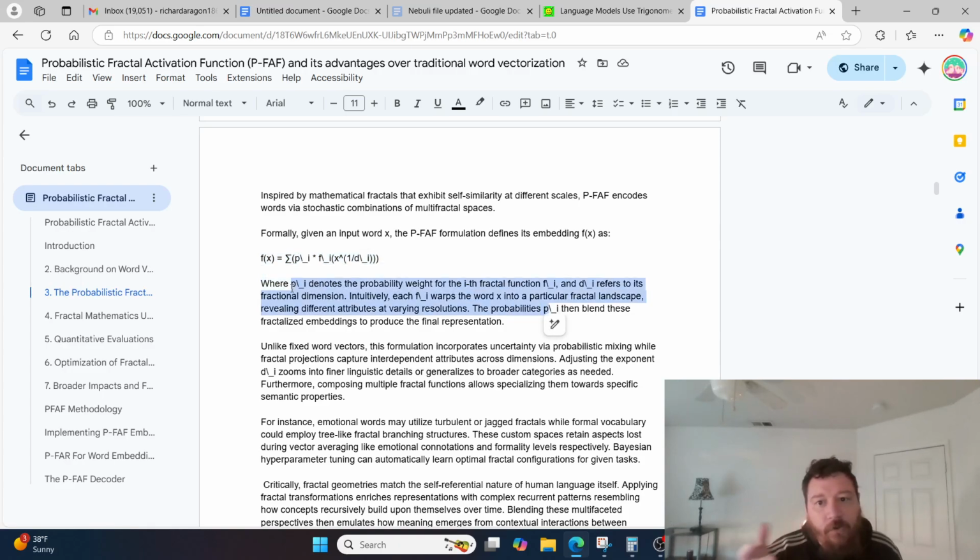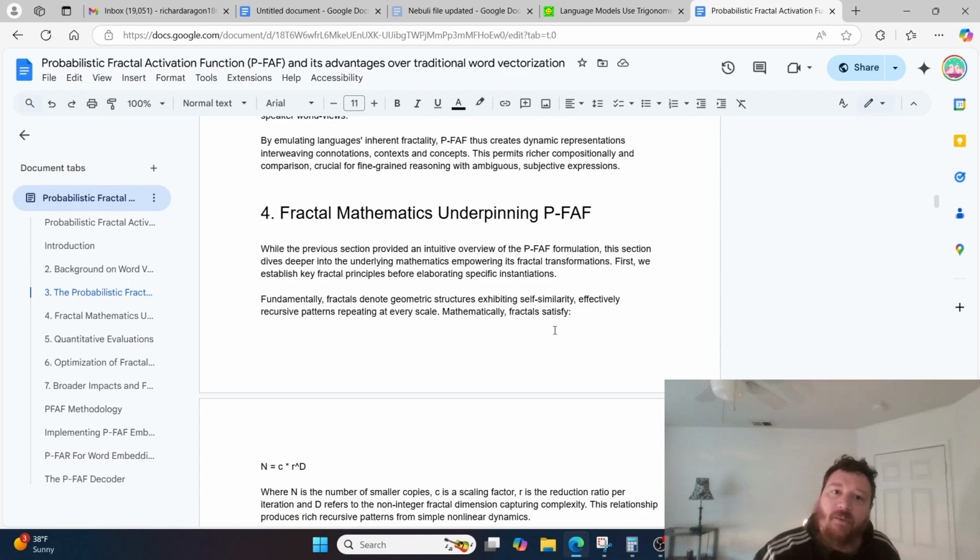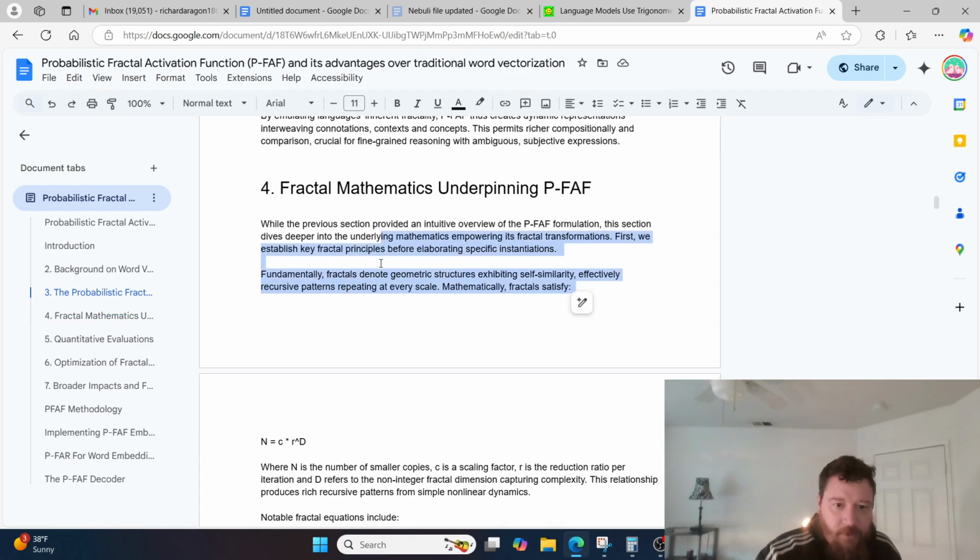Here's how you treat each one of your individual weights as a probabilistic function that you can utilize a real equation for. Here's a real algorithm for you to use if you ever want to update your weights using this trigonometry and calculus method that you've invented. Clearly, here's the method on how to do it. It's all fractal based, so it's all fractal mathematics. Here's the underpinnings of it.